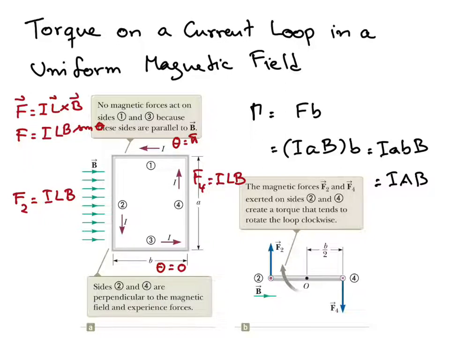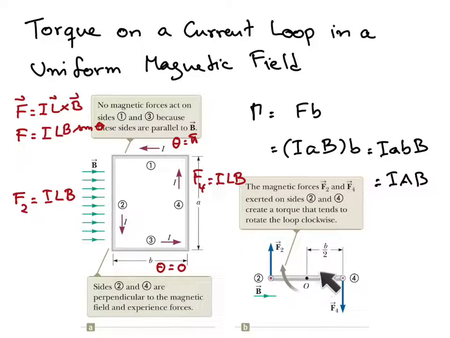So we have F2 pointing upward like this. And for F4, again, the current points inward, the magnetic field points to the right, so we have the magnetic force pointing downward like this.